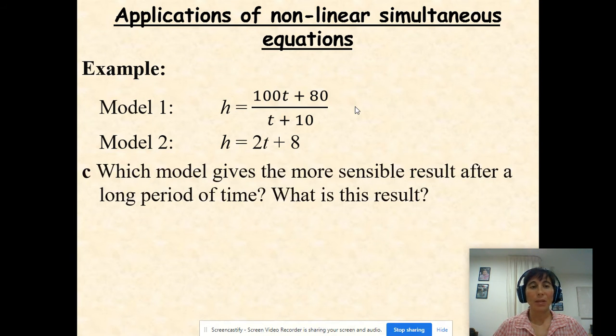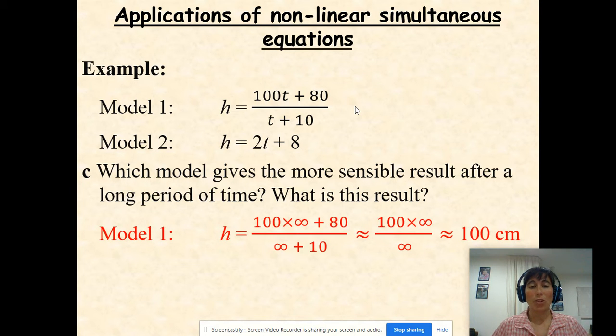C. Which model gives the more sensible result after a long period of time, and what is this result? So the way to answer a question like this is to imagine substituting a really large number, or doing that on your calculator for t. So what I've written here is if you imagine substituting in infinity, 100 times infinity plus 80, the 80 would be insignificant compared to the 100 times infinity.